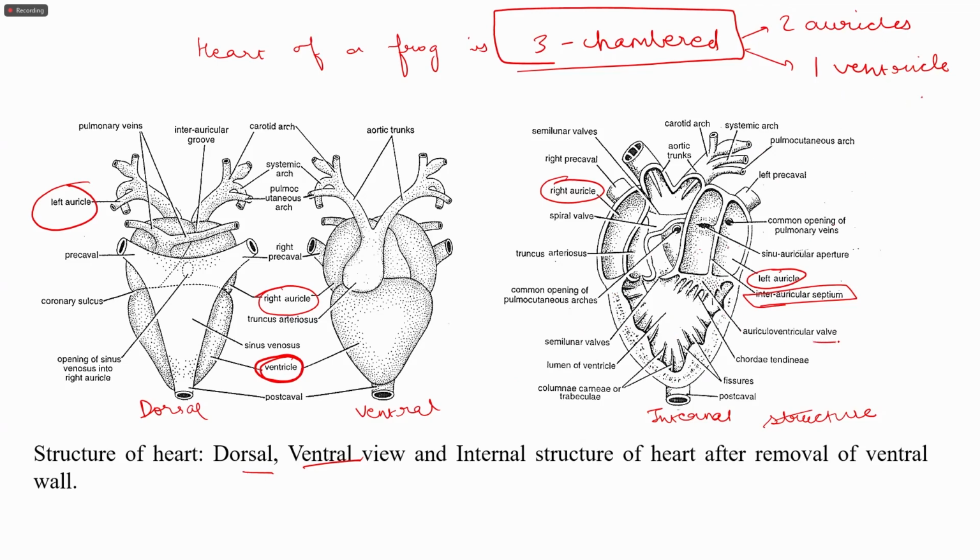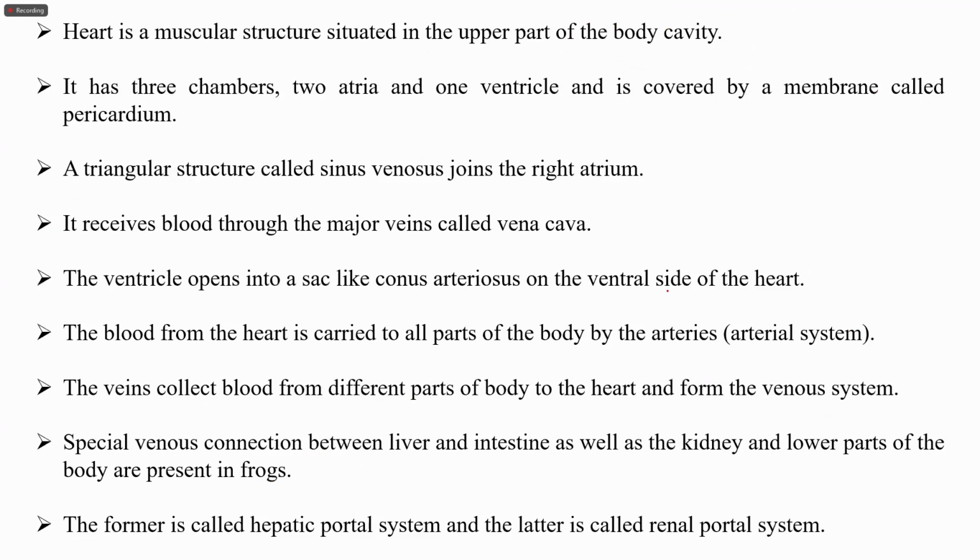We have different walls that prevent the backflow of blood from one chamber to another. The heart is a muscular structure situated in the upper part of the body. It has three chambers, two atria or auricles and one ventricle, and it is covered by a membrane known as the pericardium.